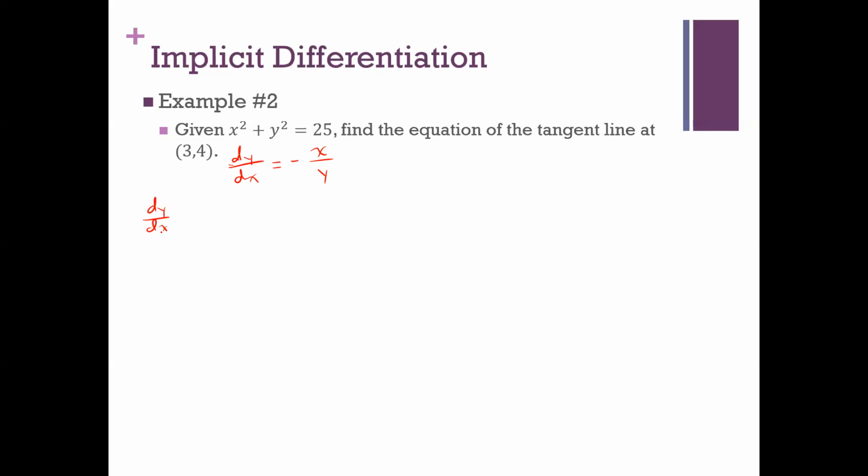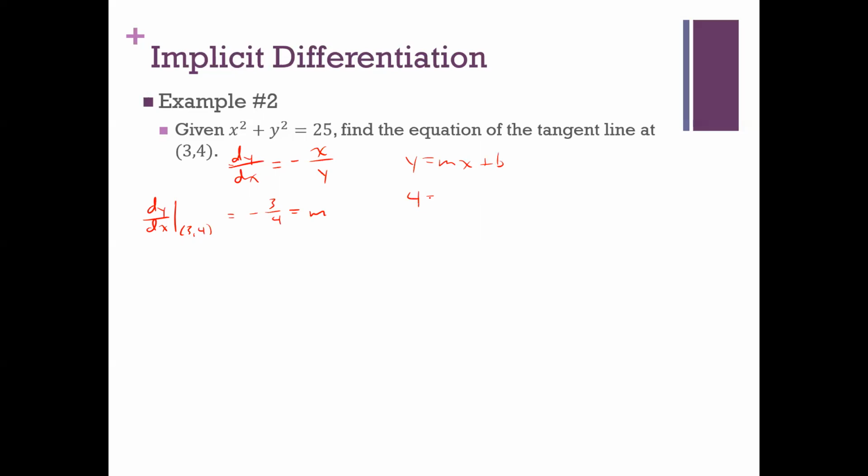So if I want to evaluate this at the point 3, 4, I get negative 3 over 4. So I got the slope of the tangent line. And since I have the x and y location, I can pretty much get the rest of this.